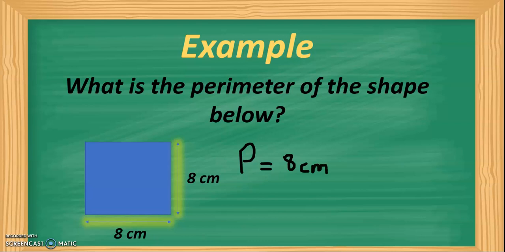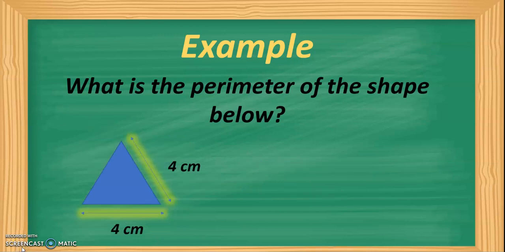We're going to multiply by 4 since the square has 4 equal sides. Hence, 8 multiplied by 4 gives 32. And remember, we should always put back our unit. So we have here 32 centimeters. So either way, you should still be correct.